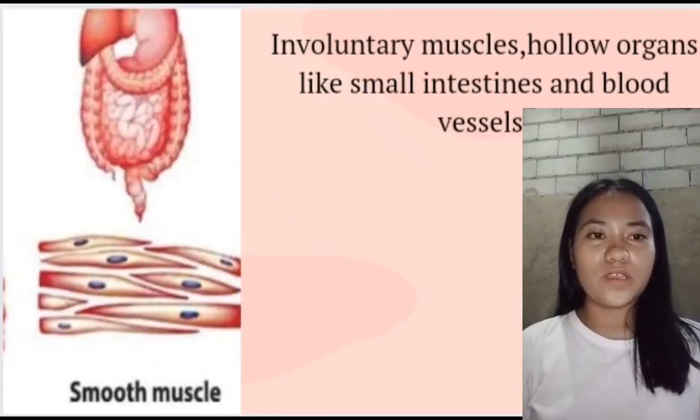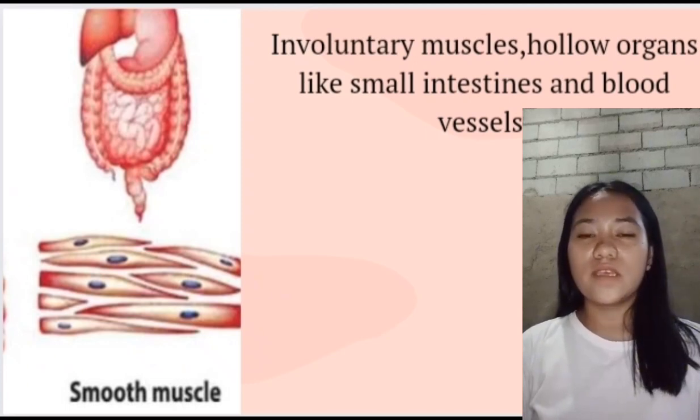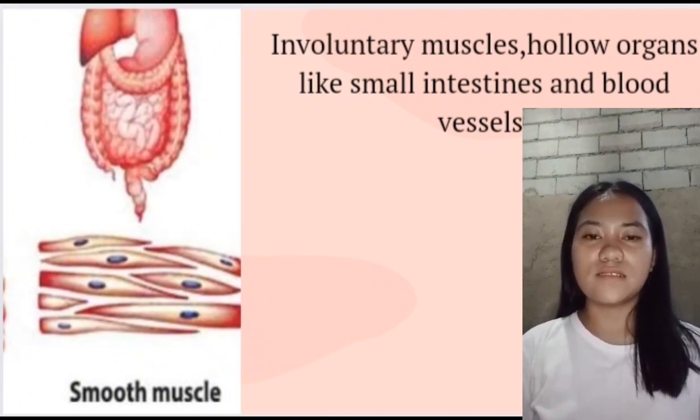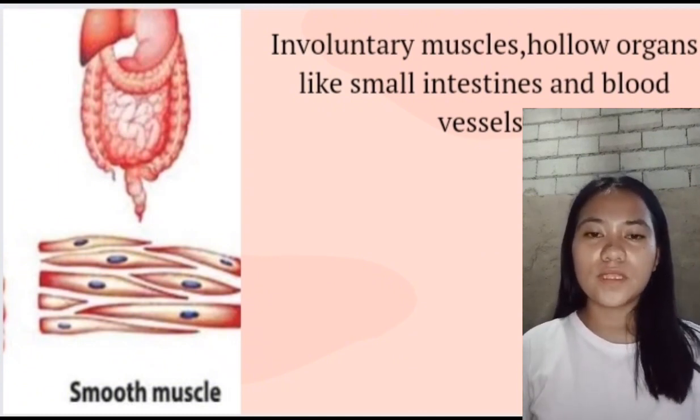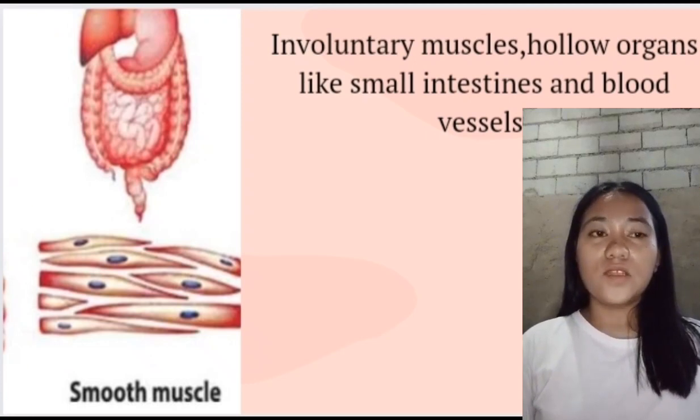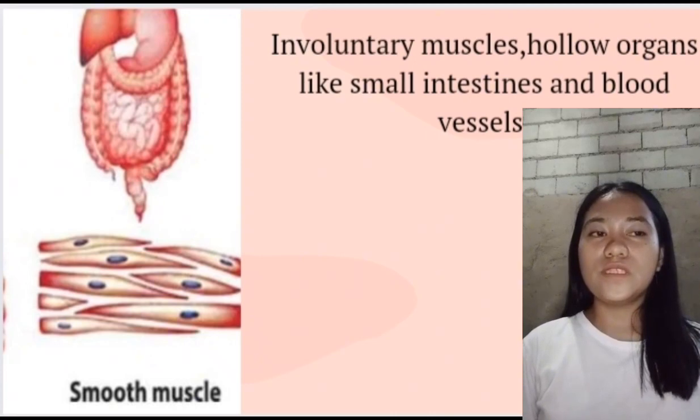And the second one is the smooth muscle. This is an involuntary muscle that controls organs like the small intestines and blood vessels. Smooth muscles are located in various internal structures, including the digestive tract, uterus, and blood vessels such as arteries.